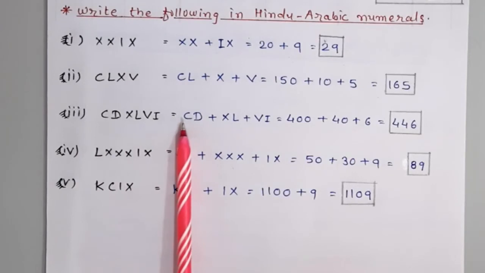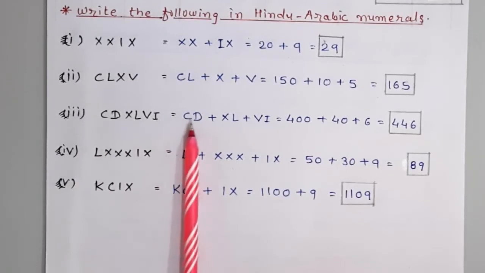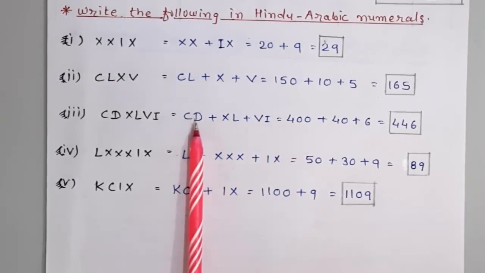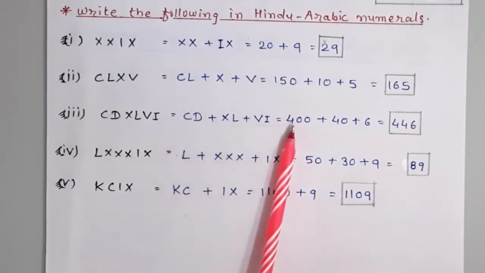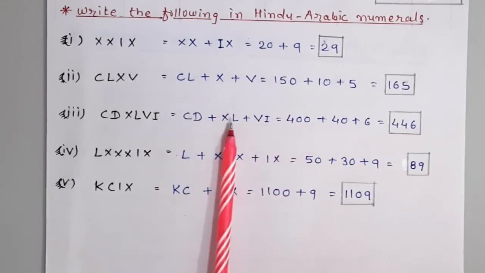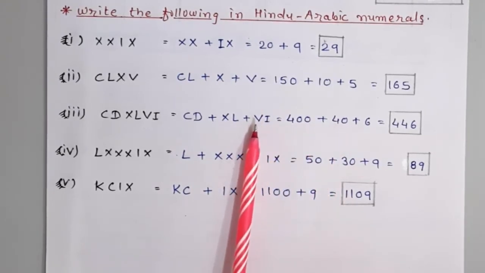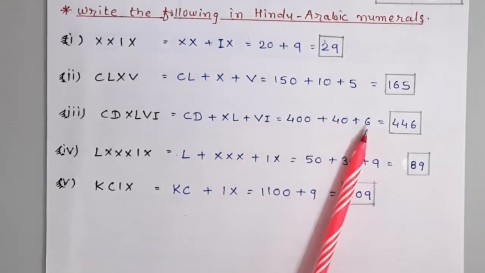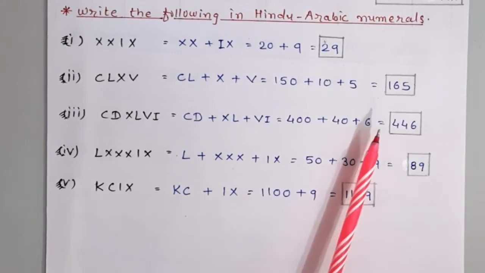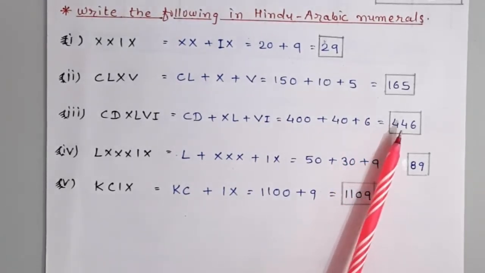CDXLVI: split up like this, CD plus XL plus VI. CD means 400, because 500 minus 100 is 400. XL means 50 minus 10, 40, and VI is 5 plus 1, so 6. Finally we get the number 446.